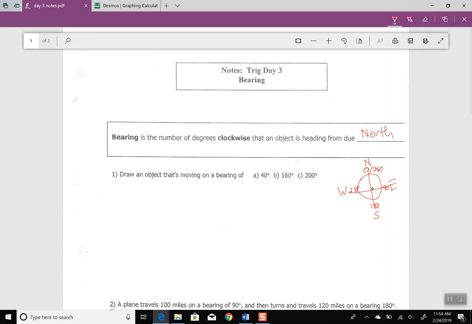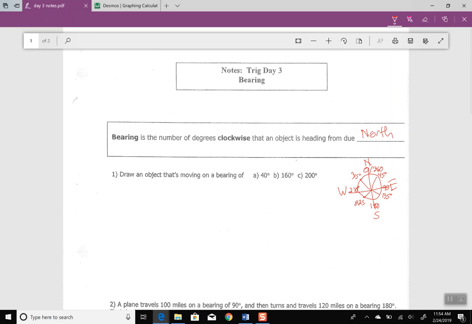Halfway in between 0 and 90 would be 45 degrees if you cut it in half. Halfway in between 90 and 180 would be 135 degrees, again splitting that 90 degrees into two. Half would be 45, so 90 plus 45 is 135. 180 plus 45 gets you to 225, and 270 plus 45 gets you to 315 degrees.